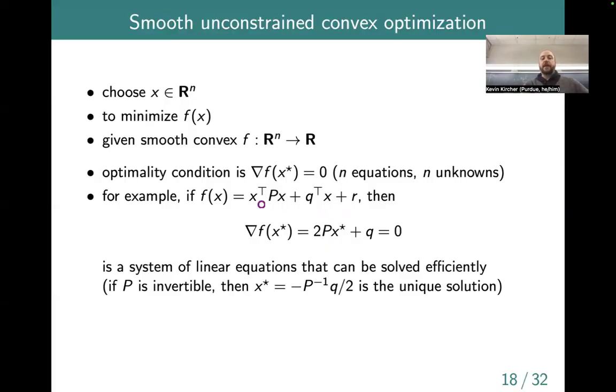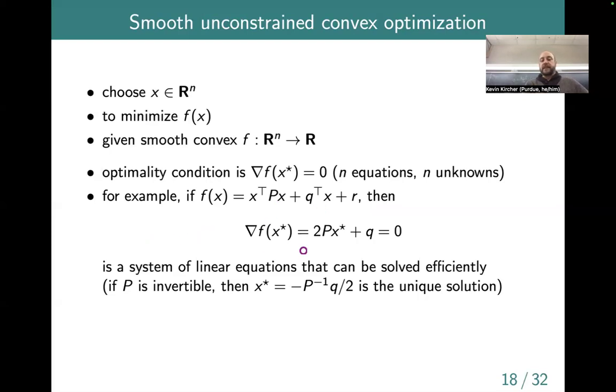Okay, so the gradient of this thing, I think in one of the lectures before break, we walked through how to find the gradient of a quadratic function. It ends up just being 2 times the weight matrix P times x plus q. So this is again the vector-matrix generalization of a familiar quadratic plus linear plus constant function.